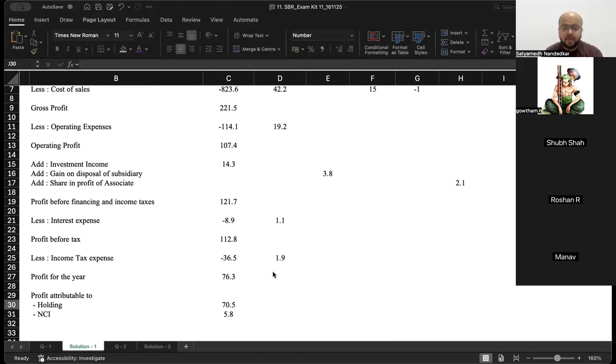And now this has to be split between holding and NCI. कैसे करेंगे split इसको? Share of NCI.